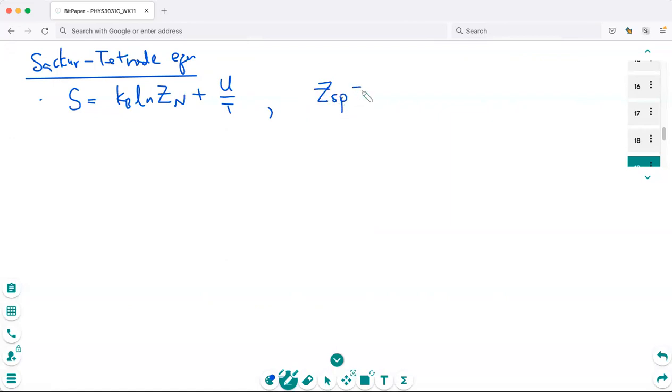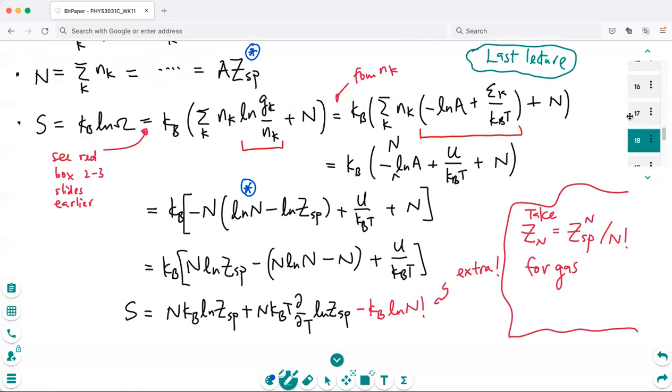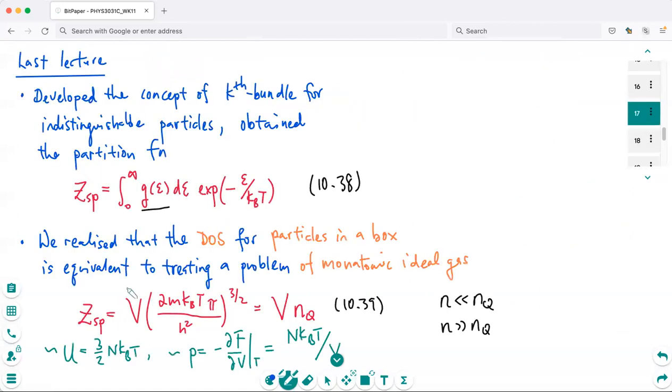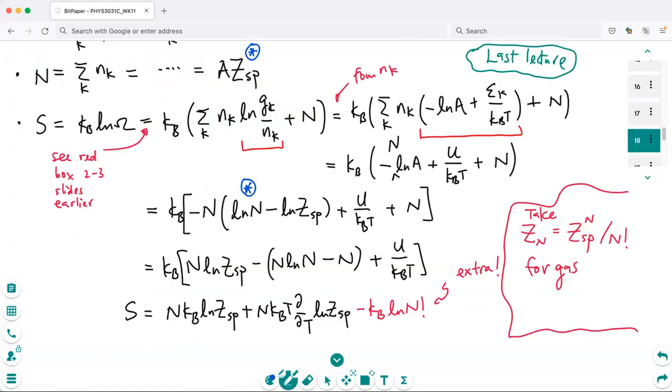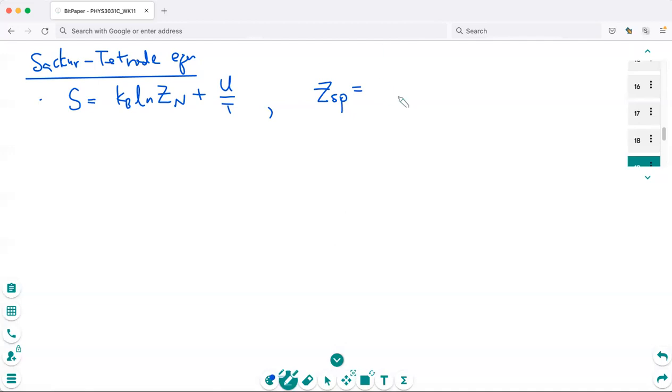You know this single particle partition function, which we spent time to work out. This is the expression from earlier, this one here. Maybe it's worth writing this down.